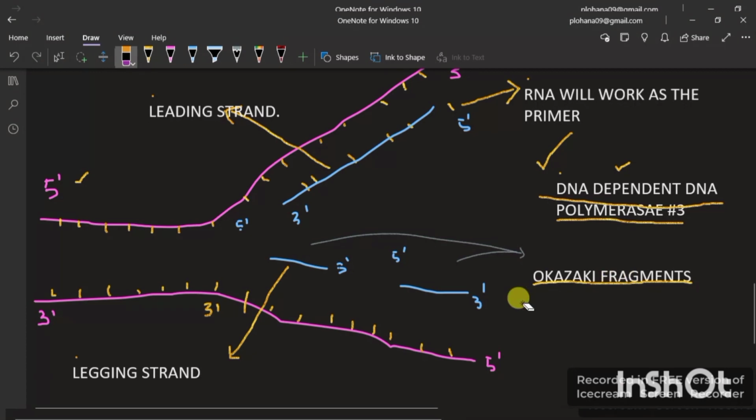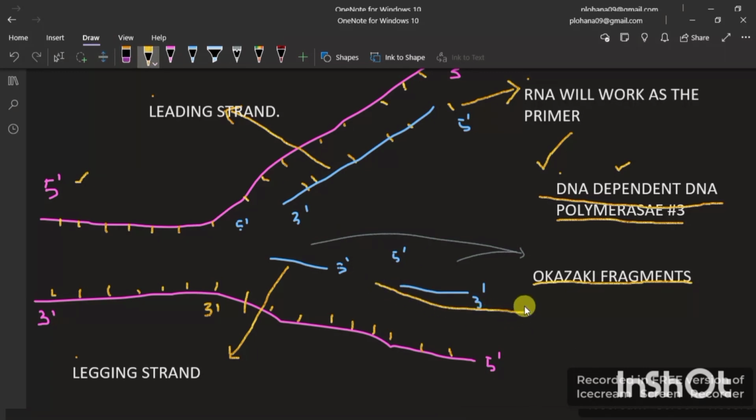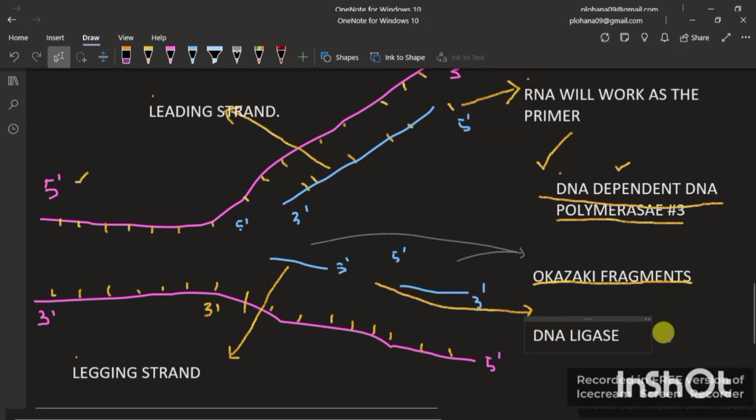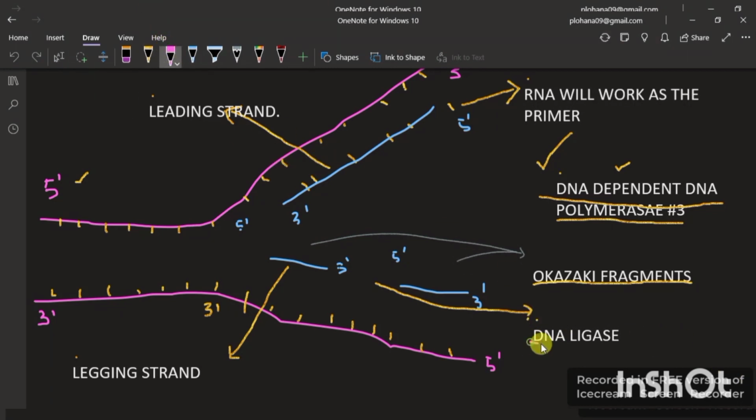For joining these Okazaki fragments, we have an enzyme which is DNA ligase, which will come and join these fragments. DNA ligase will start joining these fragments, then these fragments will be joined.